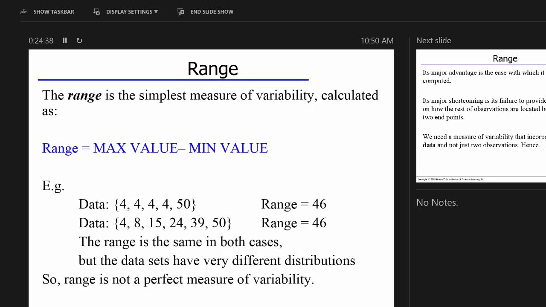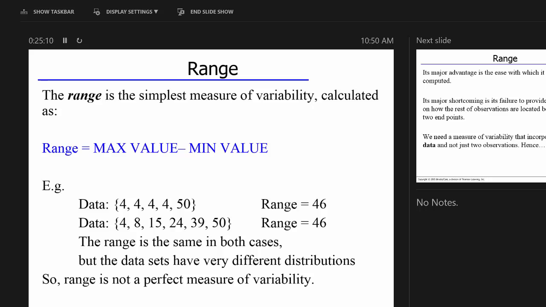By looking at this data, how would we call 50 compared to the 4s? The majority of data are 4s, so 50 is probably going to be an outlier, a number that does not look like a usual member of that data set. But regardless, that's still part of my data set. So the highest number is 50, the lowest is 4, and the range is 46.